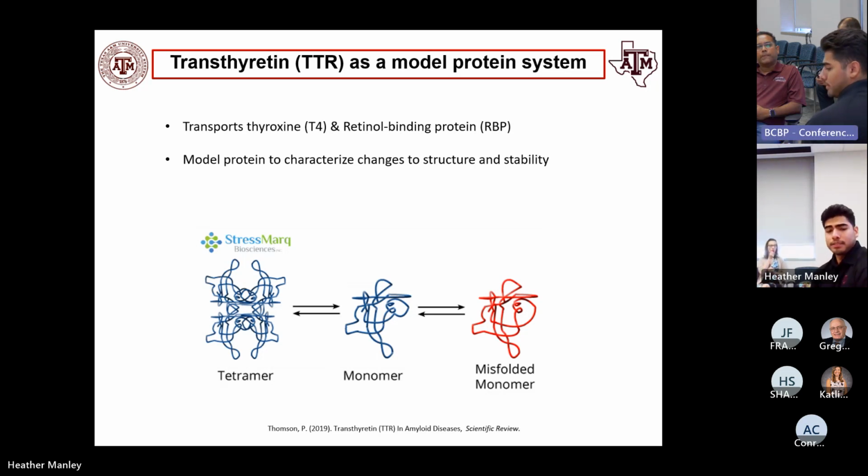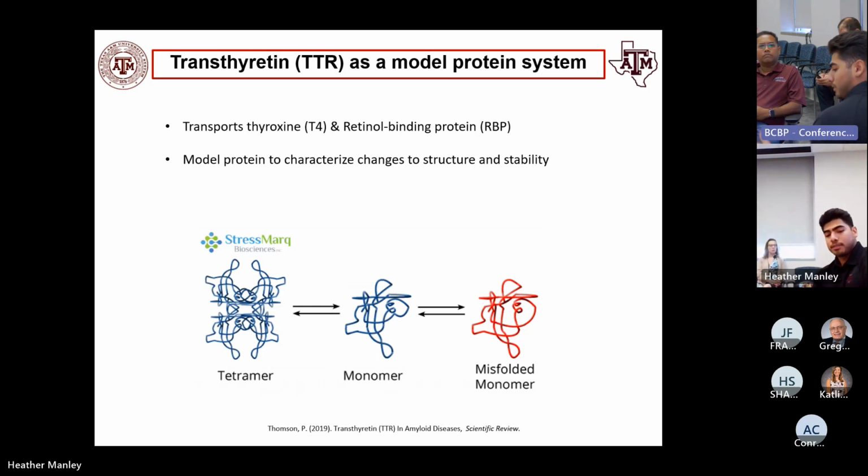As a brief introduction, TTR is a tetrameric protein synthesized in both the liver and choroid plexus and a few other regions of the body that transports thyroxine, a thyroid hormone, and retinol binding protein, which later binds and transports retinol throughout the bloodstream.